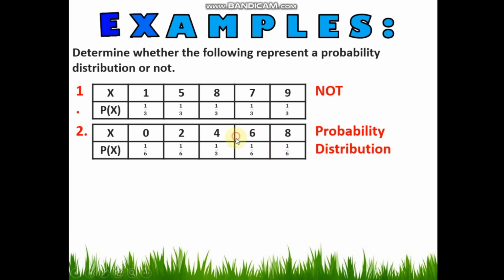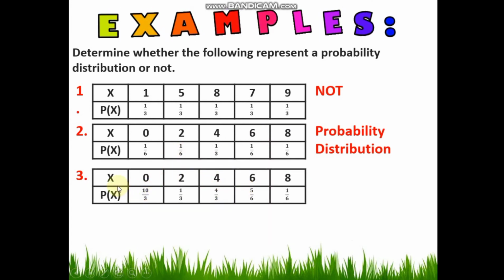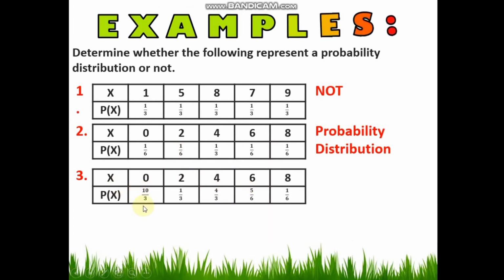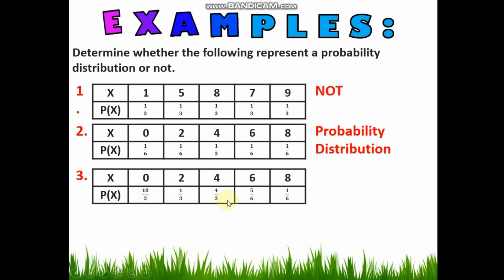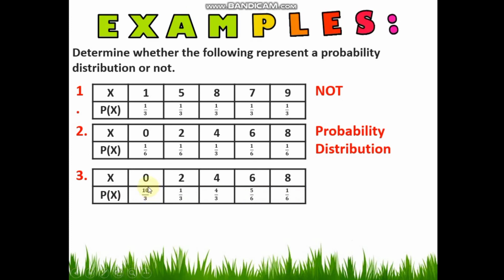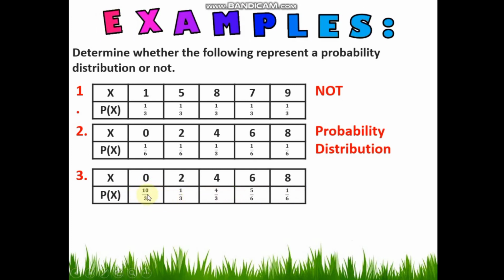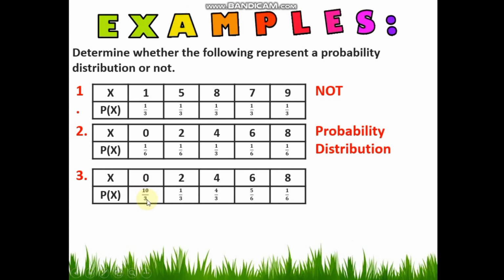Number 3, you have 0, 2, 4, 6, 8 as random variables, and their probabilities 10/3, 1/3, 4/3, 5/6, and 1/6. You already have an improper fraction. This means 10 divided by 3 is already 3 point something.